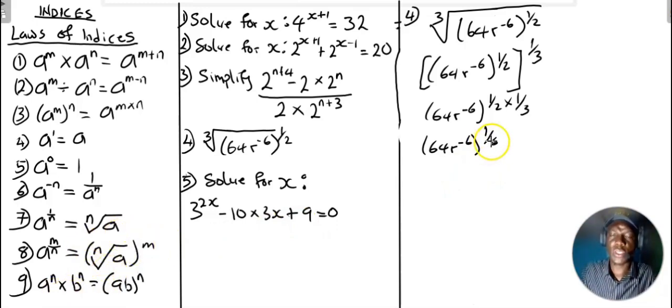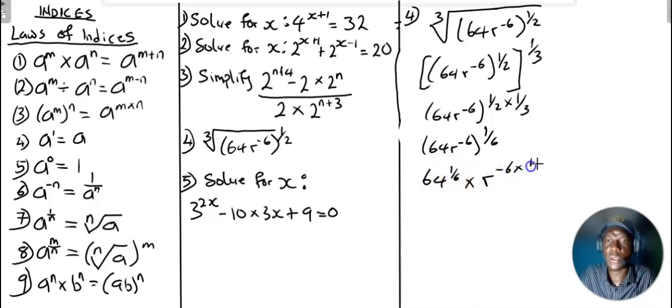What it means is that everything in this bracket is carrying this power n. So that's what we are going to do here. 64 will carry this power 1 over 6. r raised to power minus 6 will also carry 1 over 6. So here we have 64 raised to power 1 over 6 times r raised to power minus 6 times 1 over 6. Here the 6 cancels out, and then we apply the fractional index law.